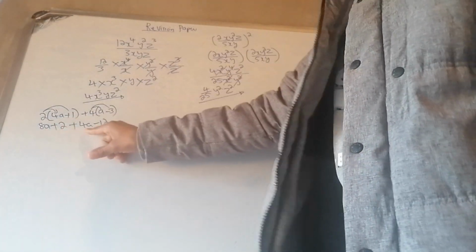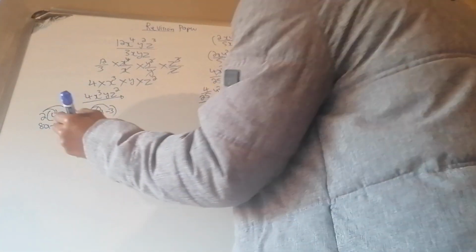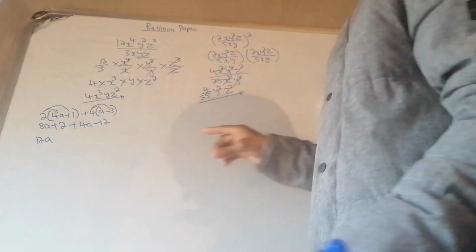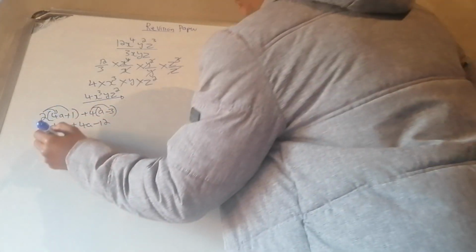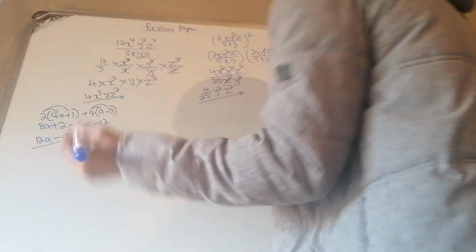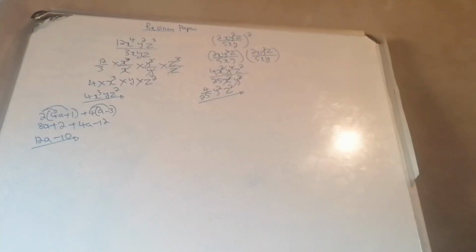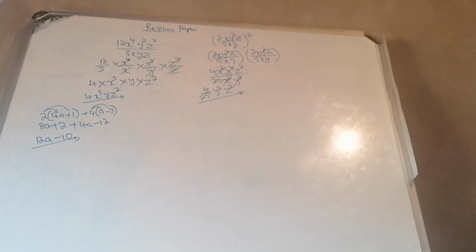Now group like terms: 8 plus 4 is 12a. 2 minus 12 is minus 10. Then you are done. You are fully done.